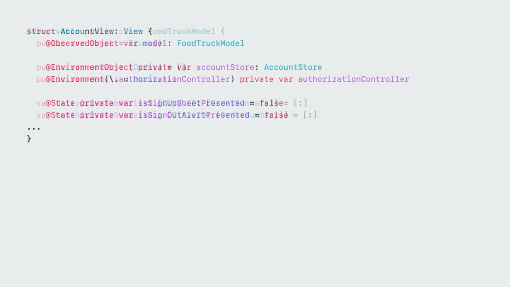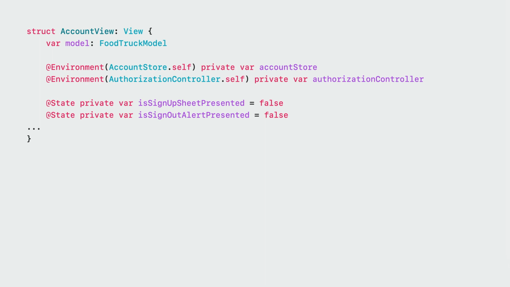When it comes to the views, there were a number of @observed object and @environment object property wrappers. In all cases, the @observed object wrappers either disappeared or needed just the bindings, and changed to the new @bindable. The @environment object wrappers got transformed into just @environment.